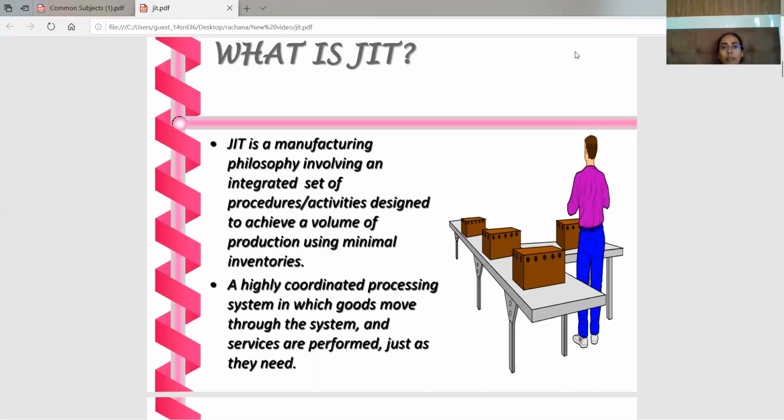The just-in-time manufacturing philosophy involves an integrated set of procedures and activities designed to achieve a volume of production using minimal inventory. It requires a highly coordinated processing system in which goods move through the system and services are performed just as they are needed.